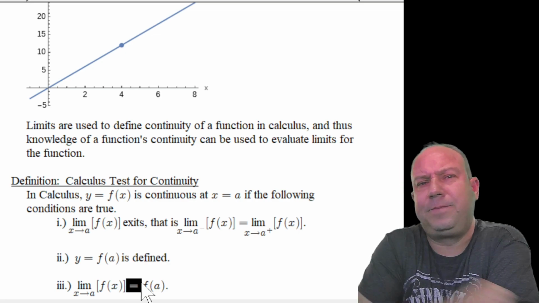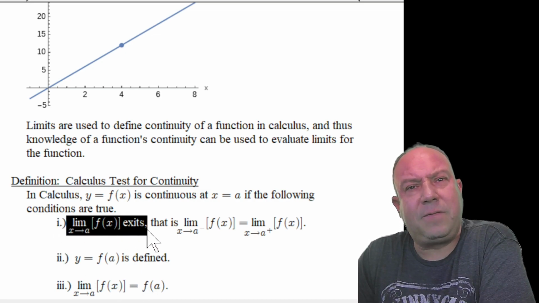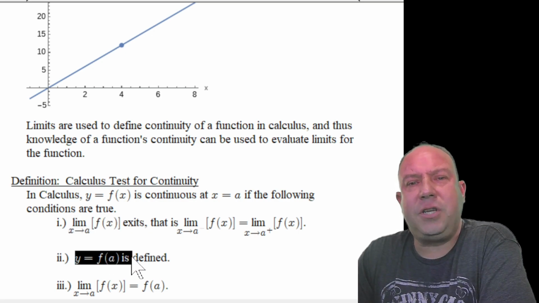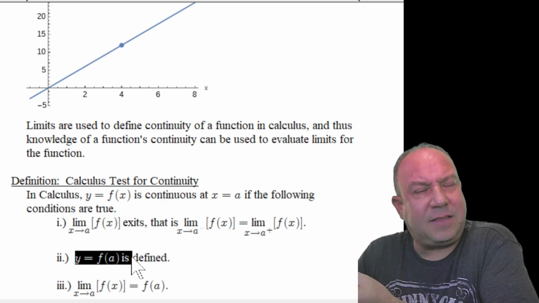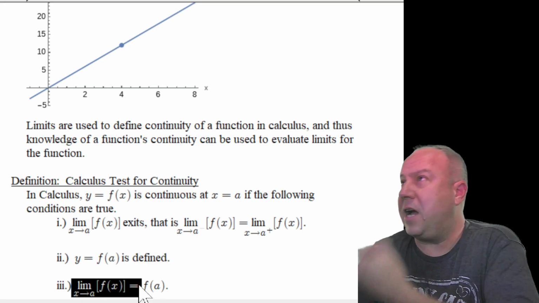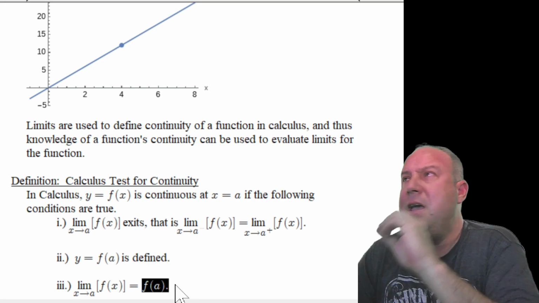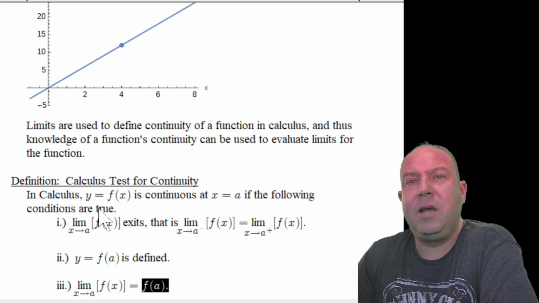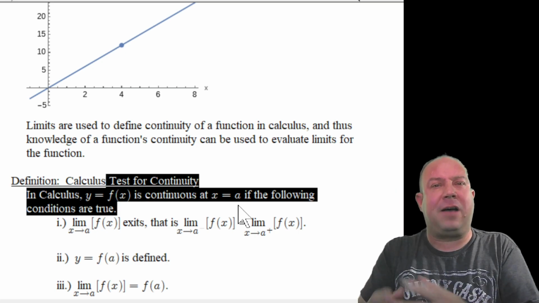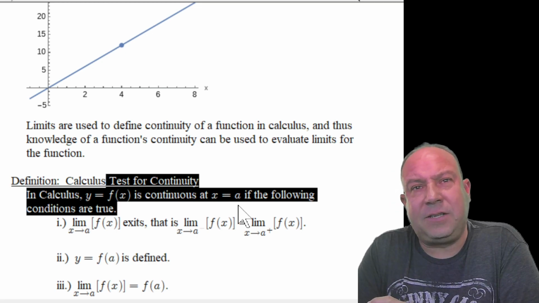In a test for continuity, the two-sided limit at x equal to a must exist, the function f must be defined at a, and that limit and f of a must be equal to each other in order for a function f of x to be continuous at x equal to a. That's called the test for continuity.